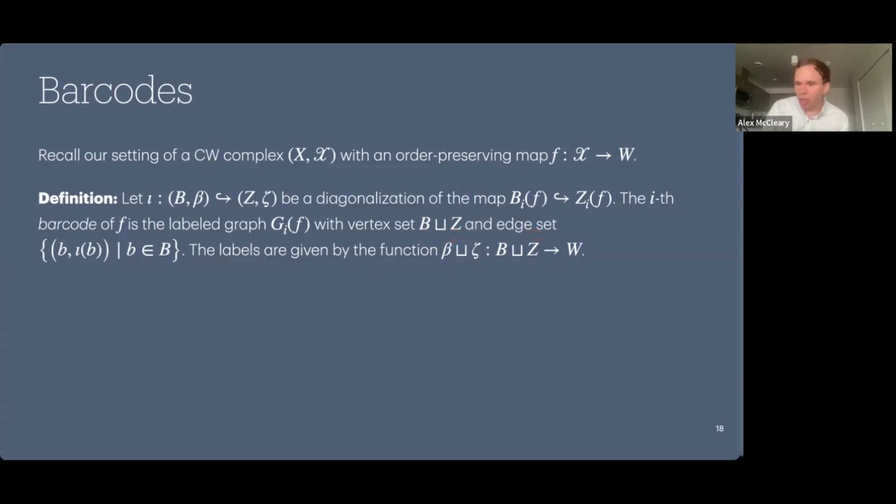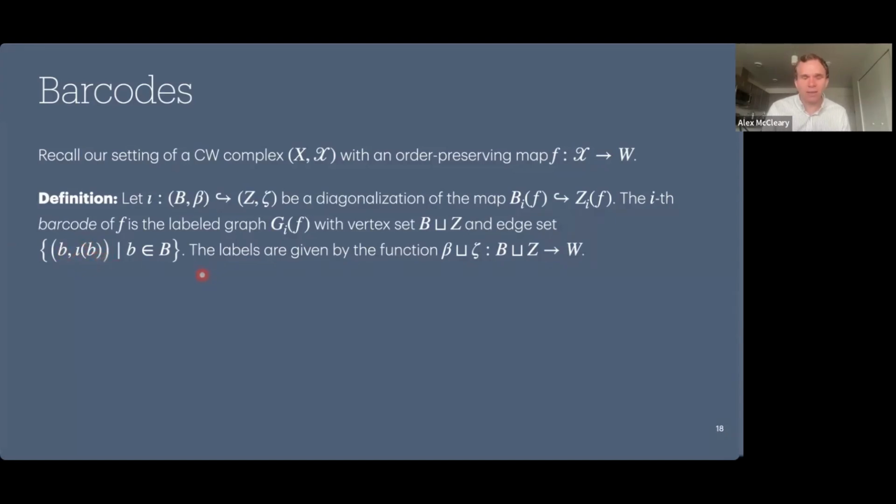Then we put an edge between two points whenever a point is paired. Iota gives us a one-to-one pairing between basis elements of our boundary space and basis elements of our cycle space, and we put an edge in for each of those pairings.